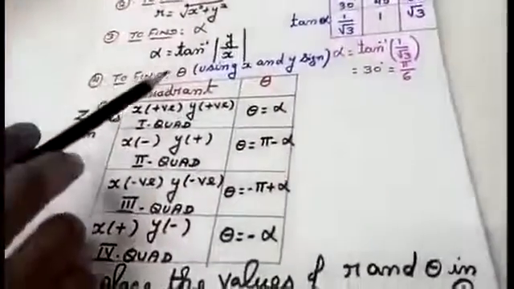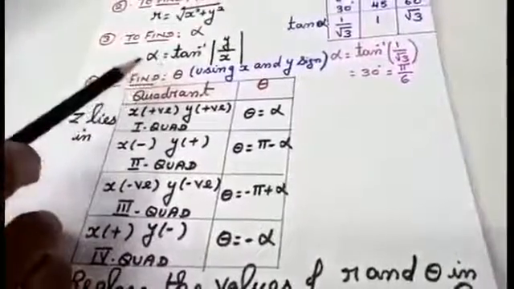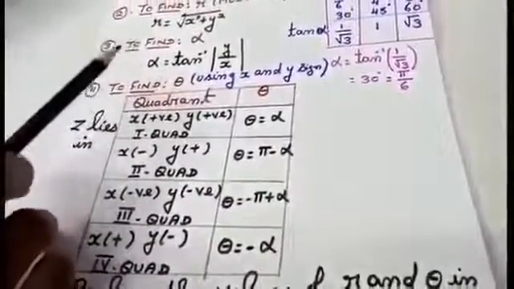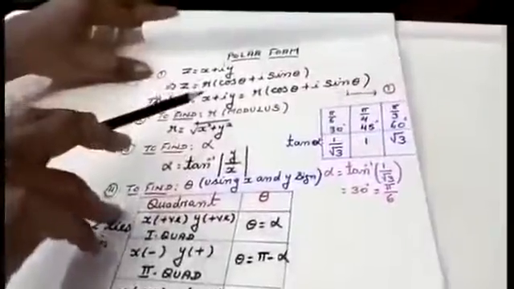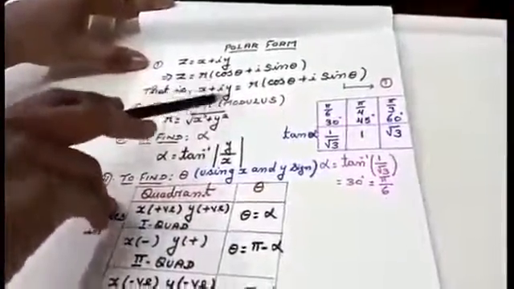Next, coming to the fourth step, I am going to find theta. So how to find theta? Till now we have found only r and alpha. Now I am going to find theta. For that, in my question I am going to check the sign of x and y.